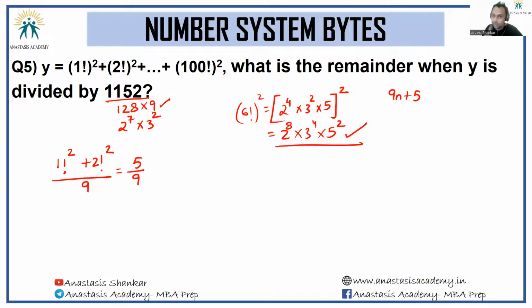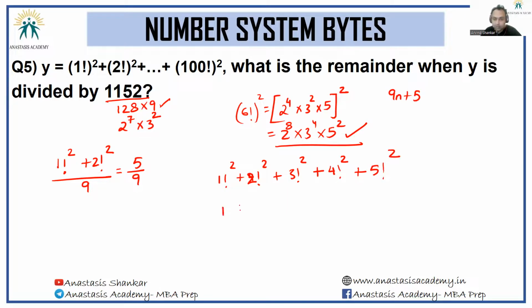So if I want remainder with 128, everything 6 factorial onward square is useless for me. The only portions I need are 1 factorial square plus 2 factorial square plus 3 factorial square plus 4 factorial square plus 5 factorial square.